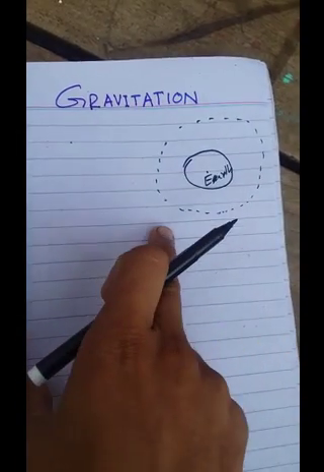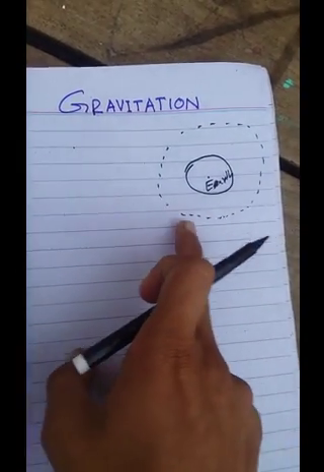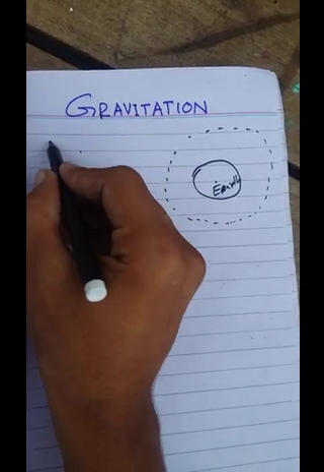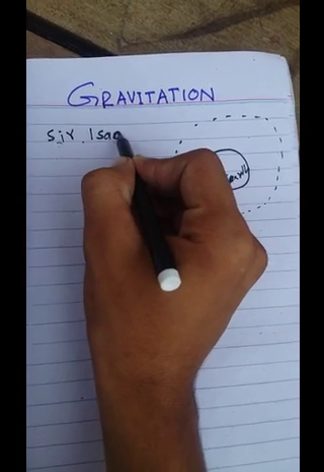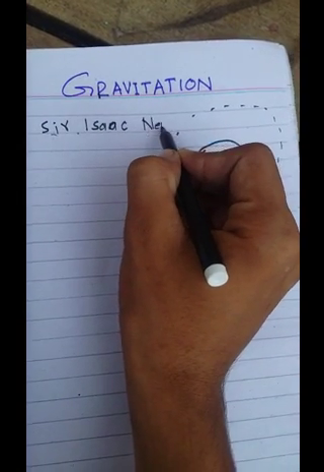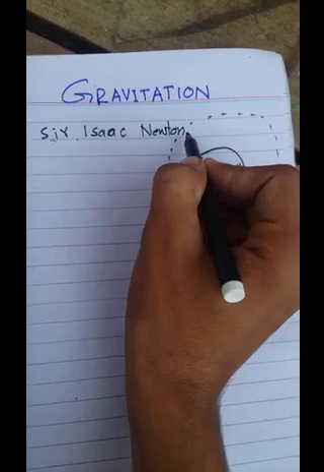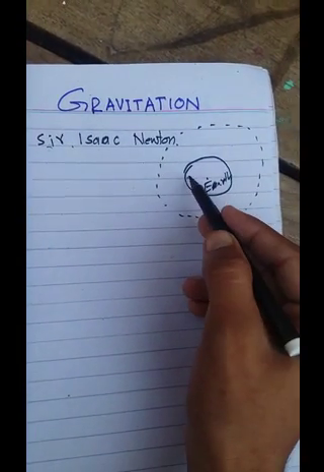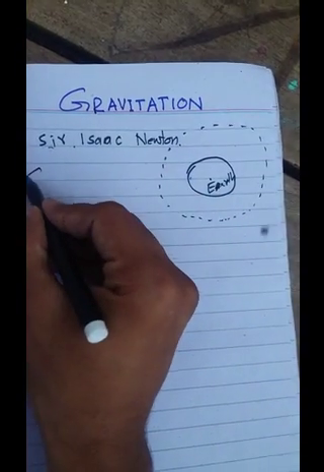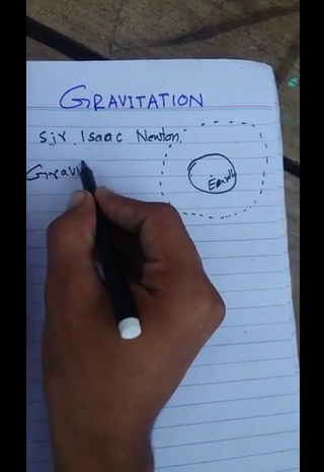This discovery was made by Sir Isaac Newton. Every object in Earth's gravitational field attracts every other object by some force called gravitational force.